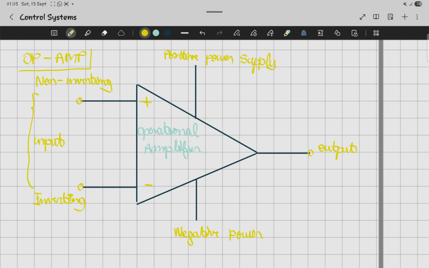So in short, an operational amplifier is an integrated circuit. So what we just represented, it's the integrated circuit, that we can even call an IC in electronics.